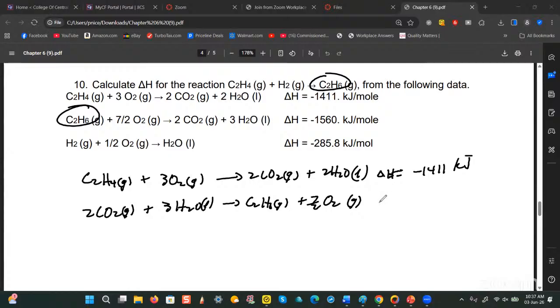And what happens to the delta H? It becomes positive. Right, so the answer would be 1560 kilojoules. The sign changes. Okay, very good. Next.